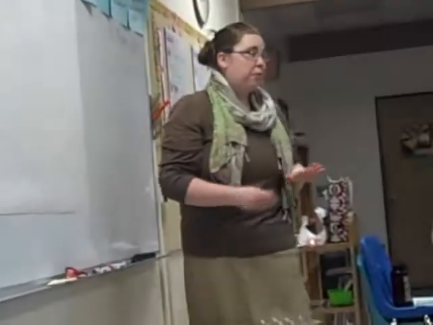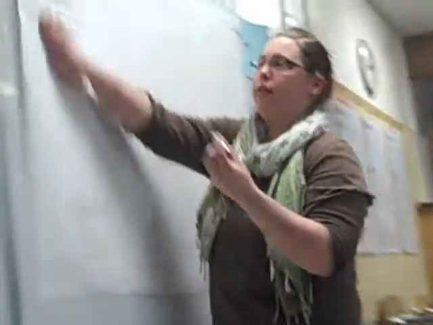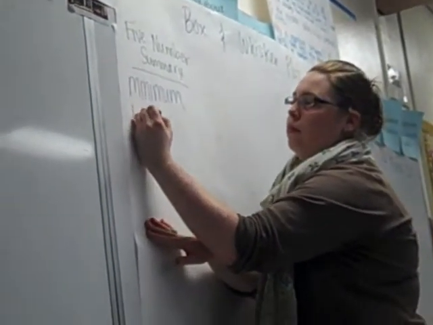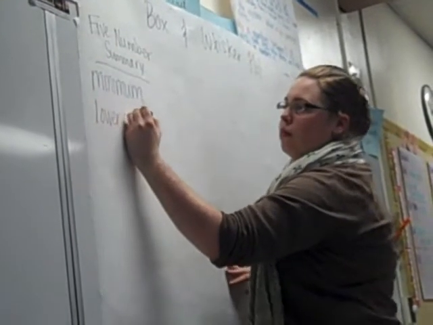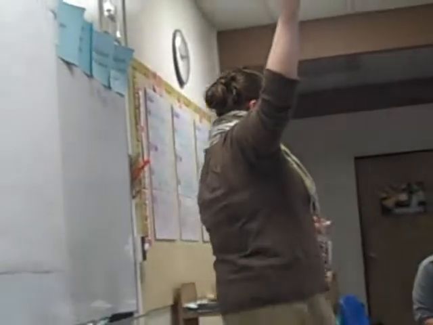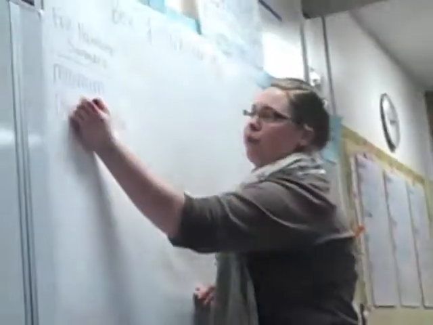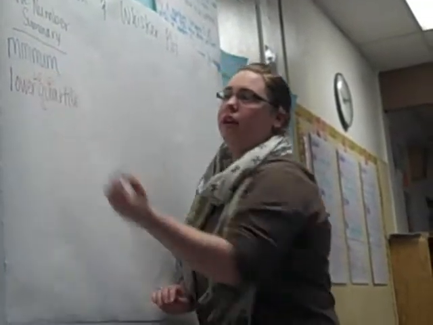The second one, which you probably haven't heard of, is the lower quartile. How many of you have heard of the lower quartile before? Okay, sometimes we call it LQ for short, or Q1, first quartile.